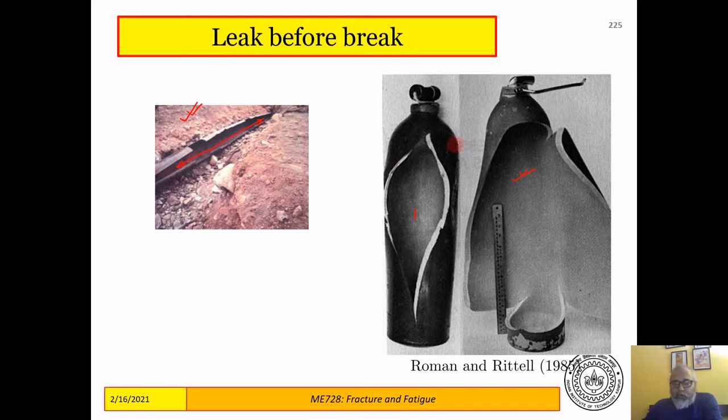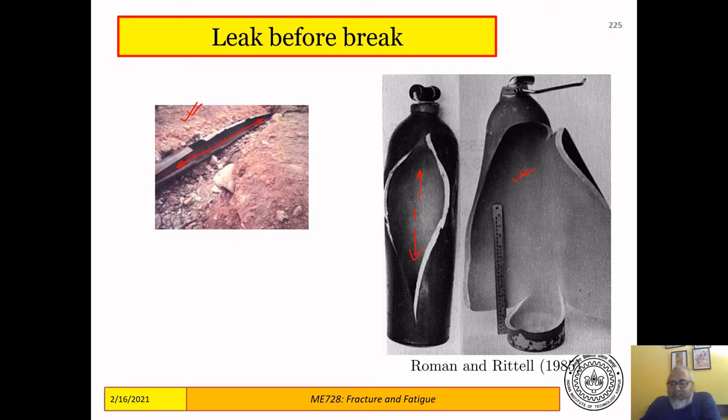What we basically want is, before a crack grows along the length of the pressure vessel, we want it to grow through the thickness so that the pressurized fluid inside starts leaking out of the cylinder and gives us a warning that something is wrong, something is going to happen, and we have some time to take corrective action. So that is the idea of leak before break. The crack should grow through the thickness rather than along the length of the pressure vessel first.